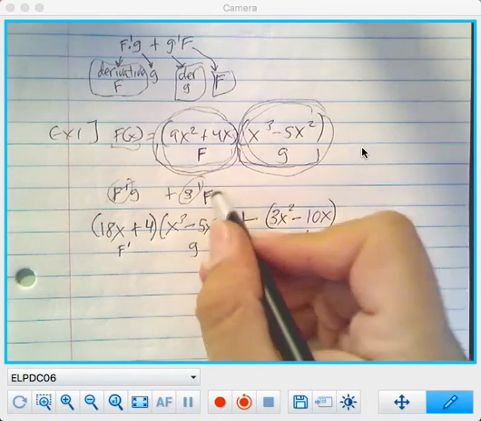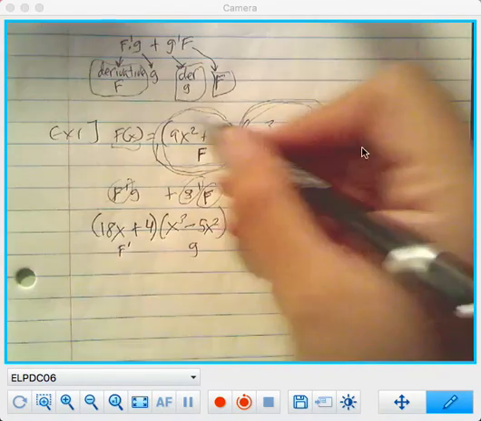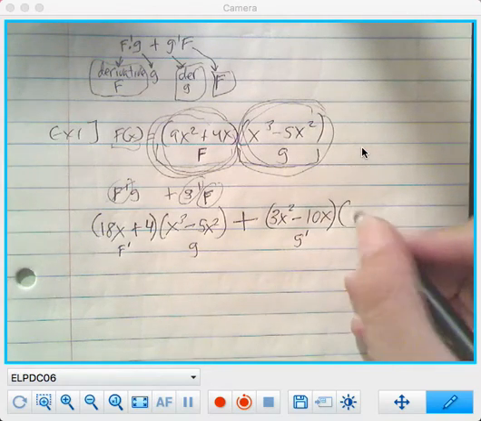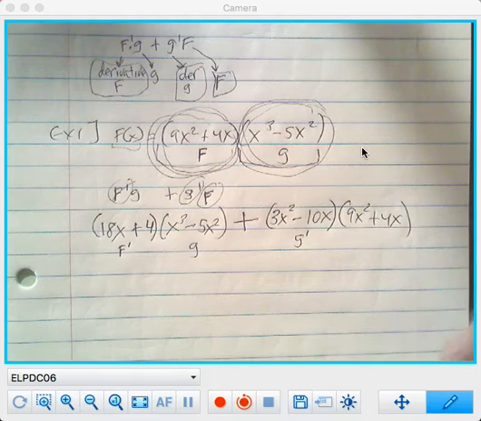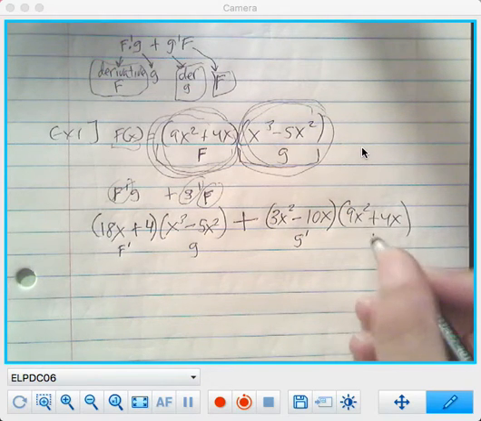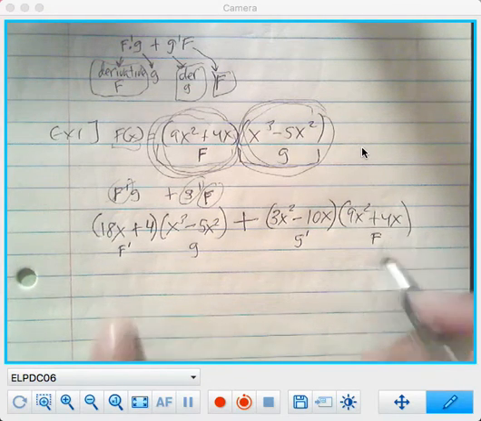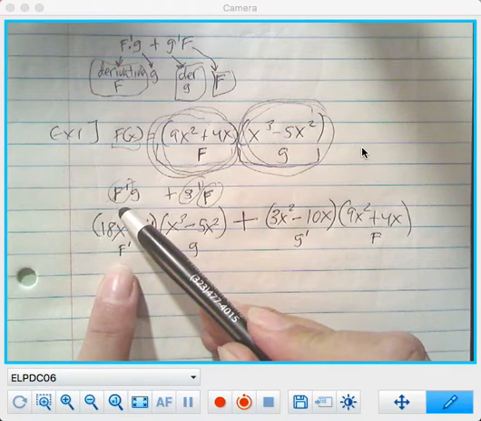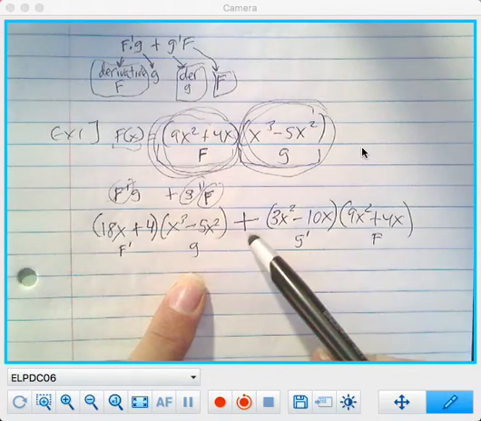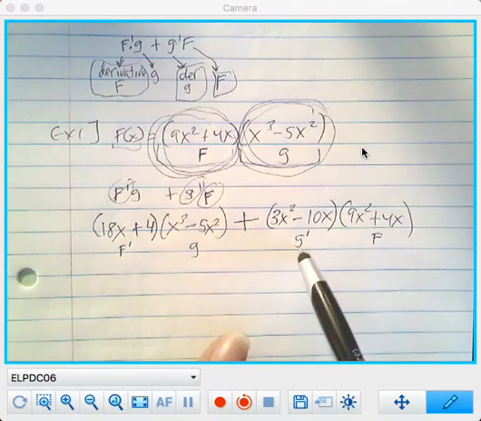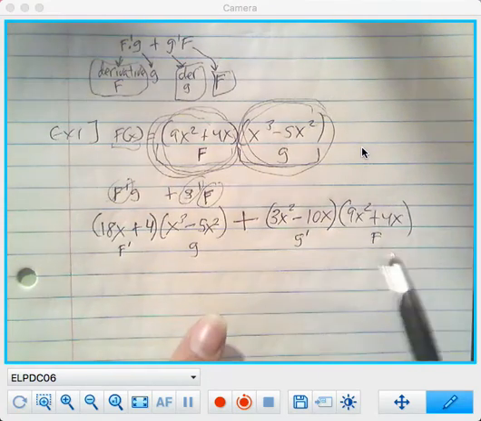What do we need? F. What is f? This. So this would be 9x squared plus 4x. Just to double check, you have f prime g plus g prime and then f.